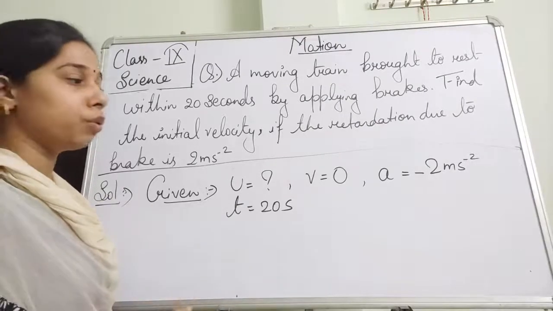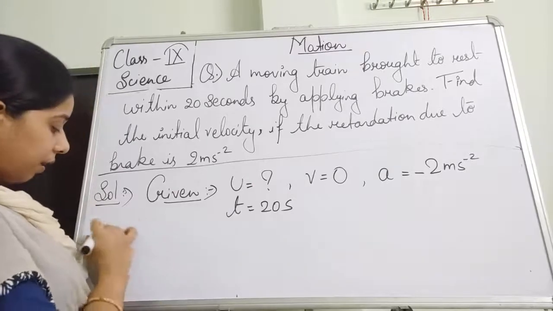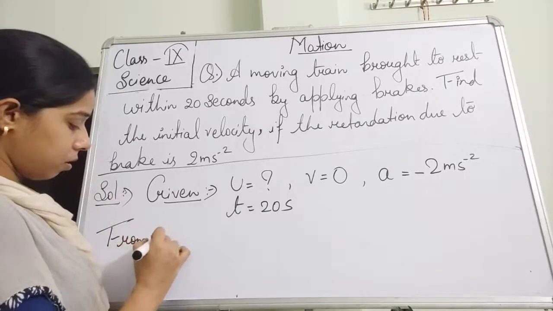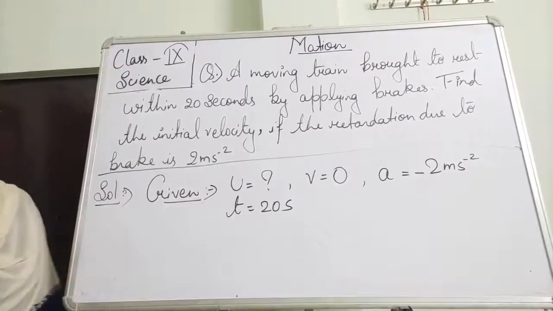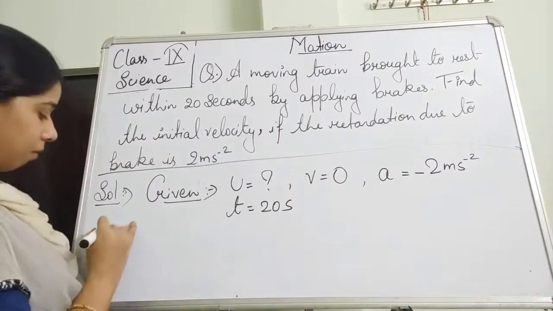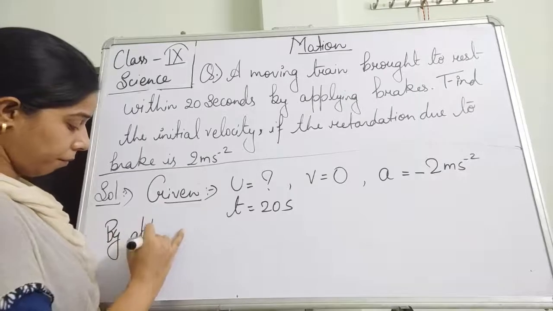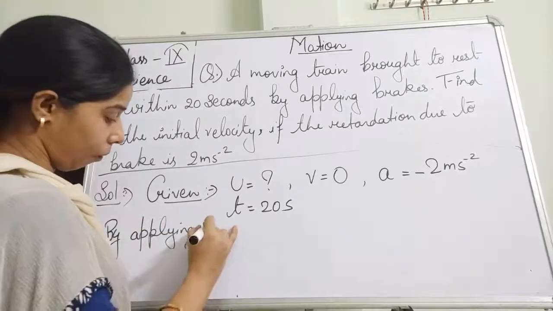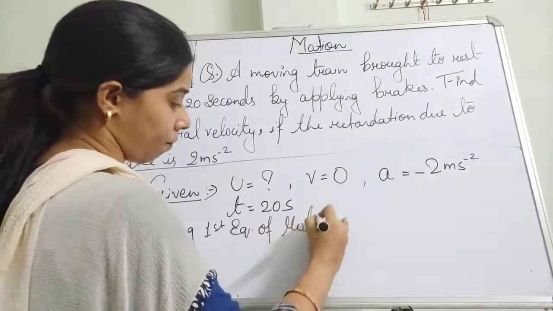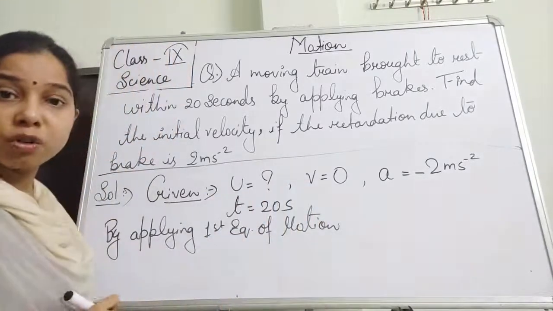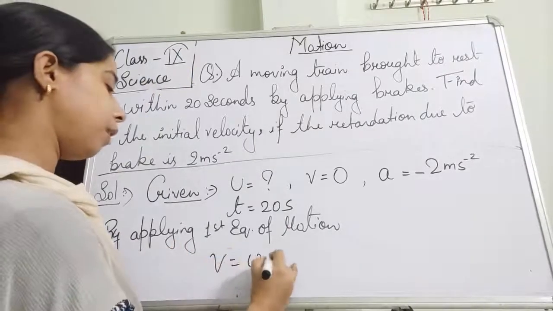We will simply go through the first equation of motion. By applying the first equation of motion, it will be v equals u plus at.